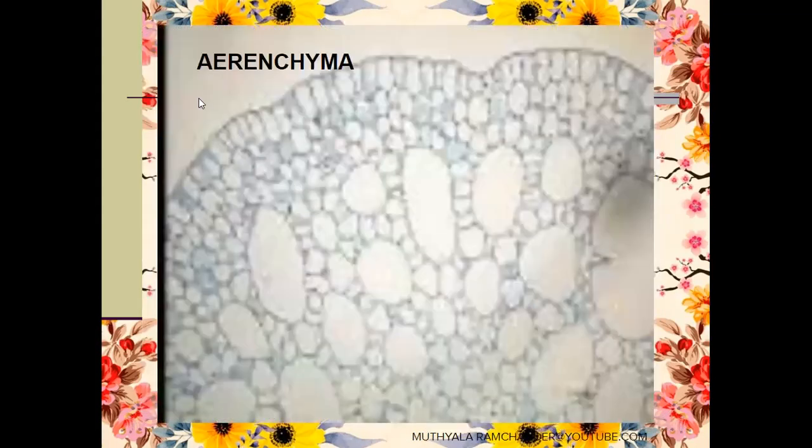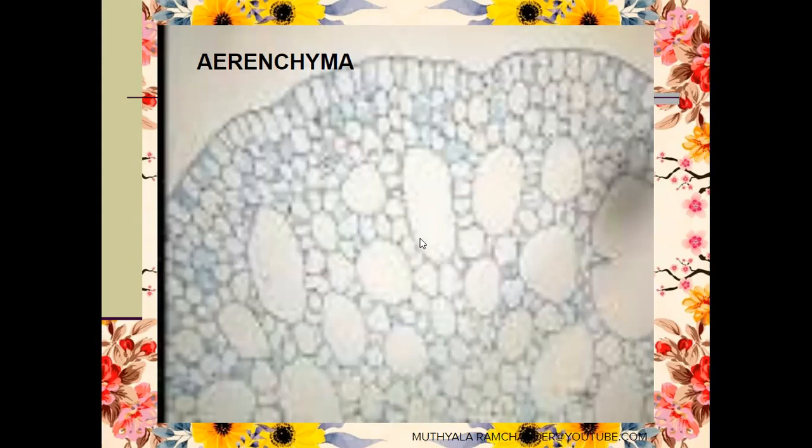The second type of parenchyma is aerenchyma. Aerenchyma is mainly present in hydrophytic plants. Some hydrophytic plants are present on the water surface, freely floating with the help of aerenchyma only. The parenchyma cells contain air spaces, large cavity-like structures, and the cavities are mainly filled with air.